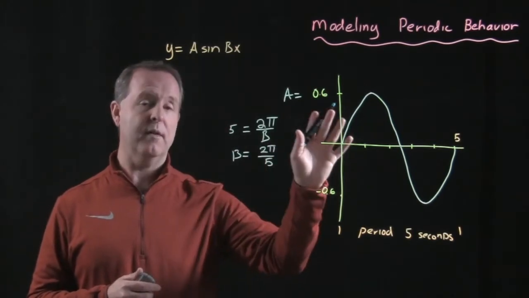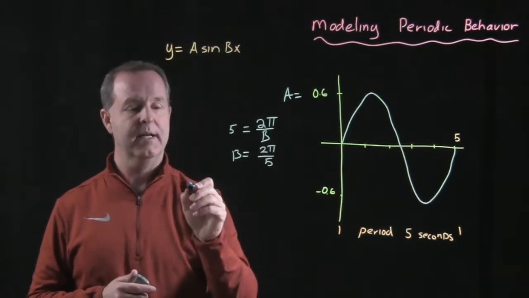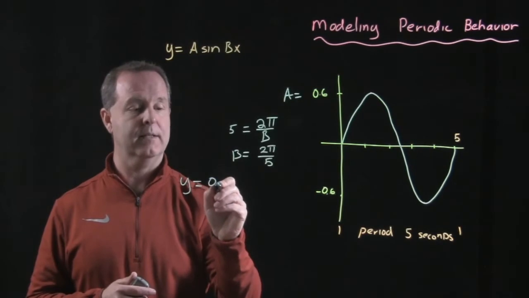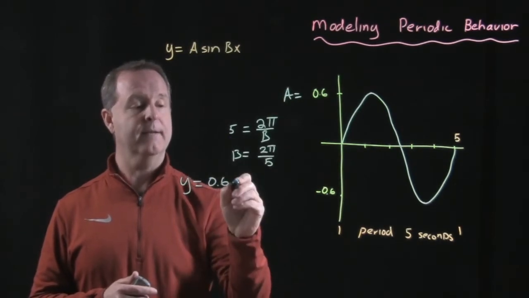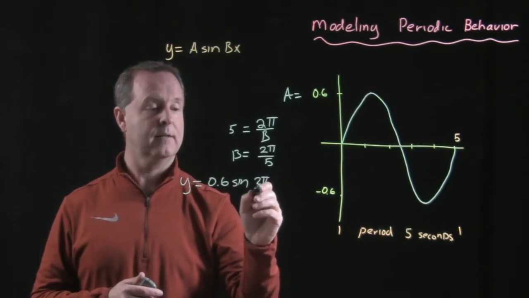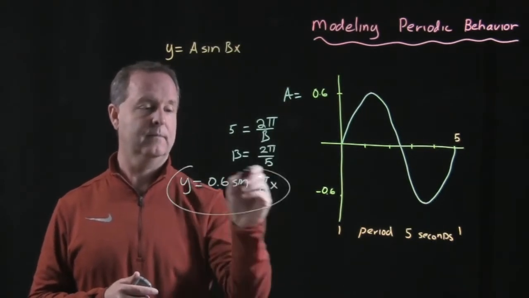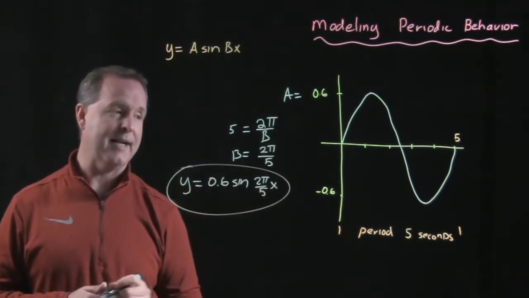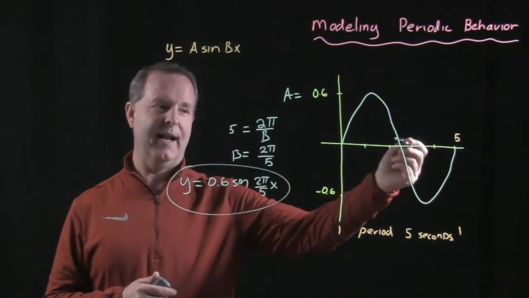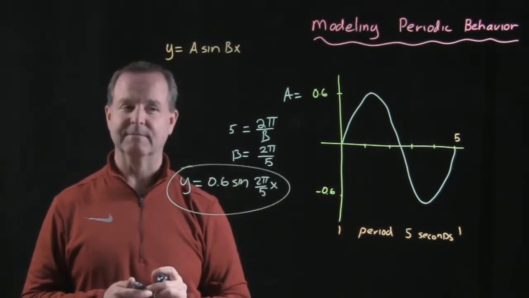The function that produces this graphical representation is y equals a, which is 0.6, sine. My b was 2 pi over 5 times x. If I were to graph that, this is what I produced. Now that I have produced this, can I work backwards and fill in the values? Yes, we can. We just did.